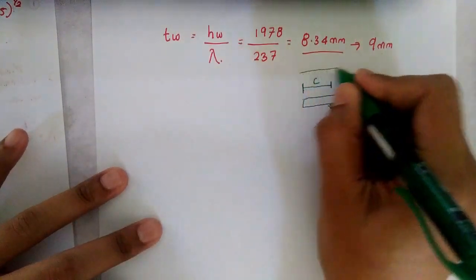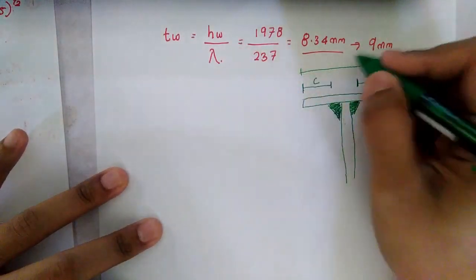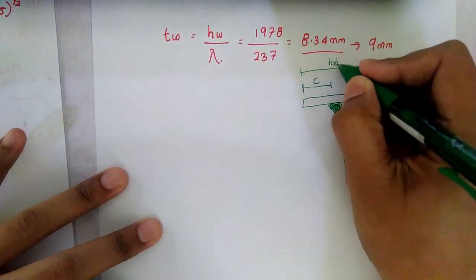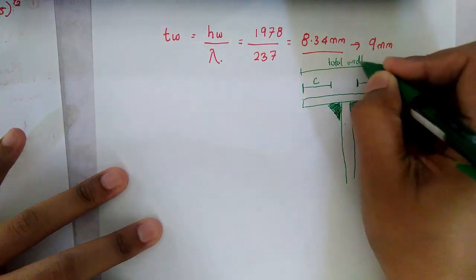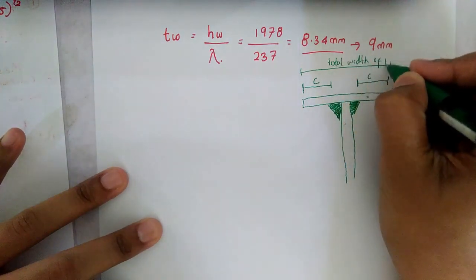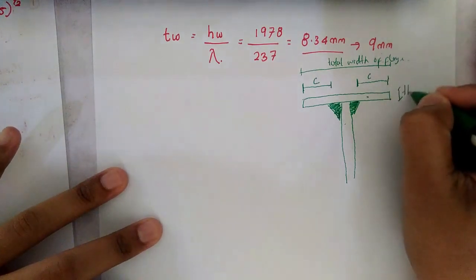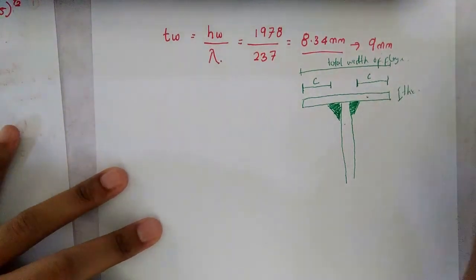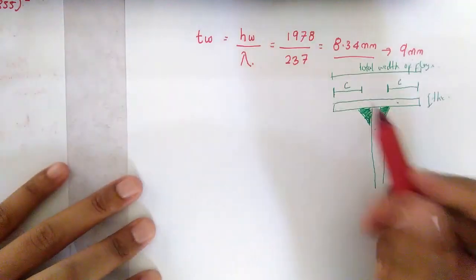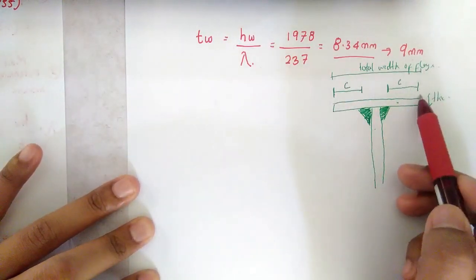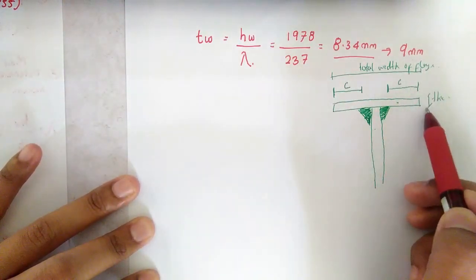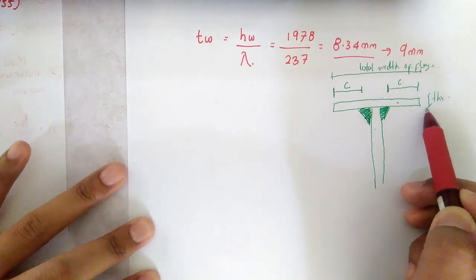So this is the total width of the flange of the plate girder, and this is the thickness of the flange. So now we're going to calculate the total width of the flange of the plate girder and the thickness of the flange.